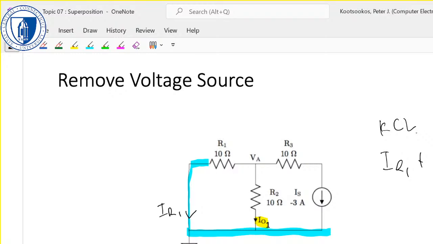So that means we know that I out 1 equals IR1. So 2 I out 1 equals minus IS. IS is minus 3, so I out 1 equals 1.5 amps.